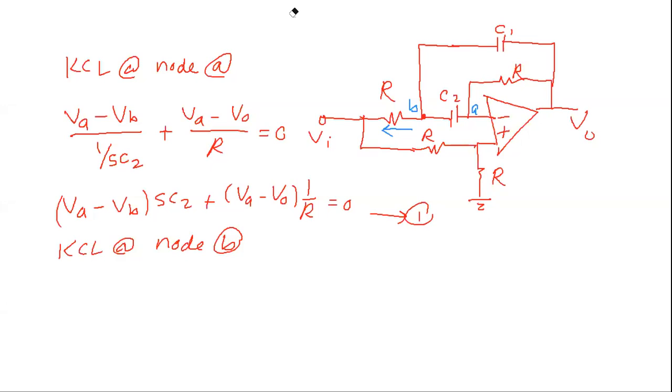Okay, so how many currents do we have now? One current here, one current here, and one current here, right? So what's the first one?